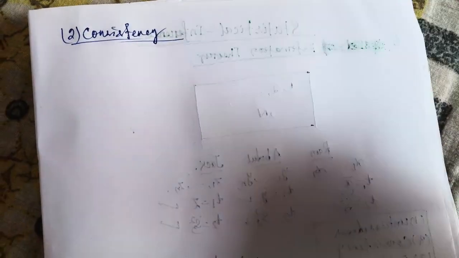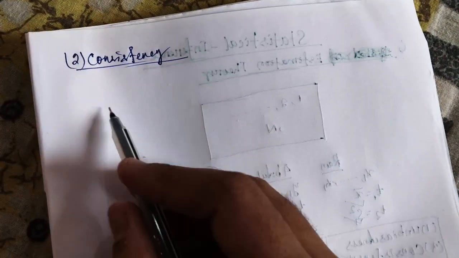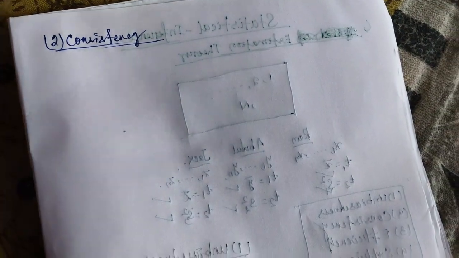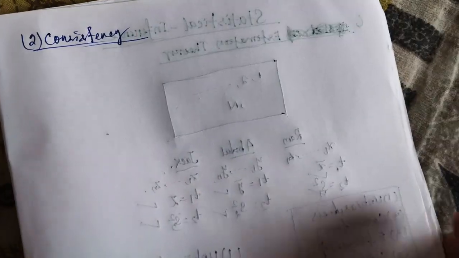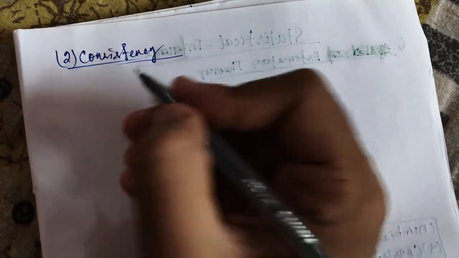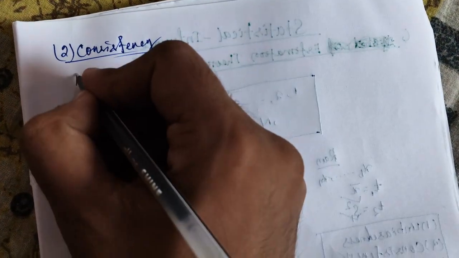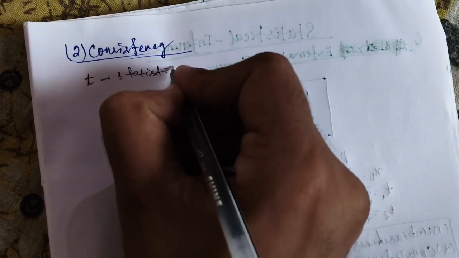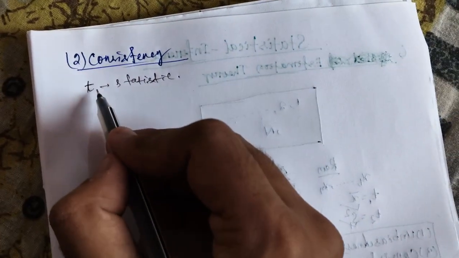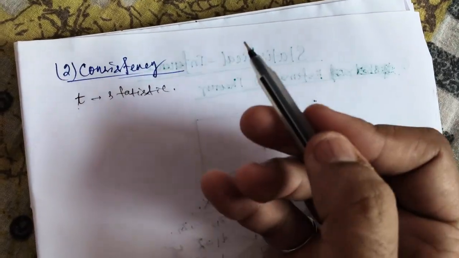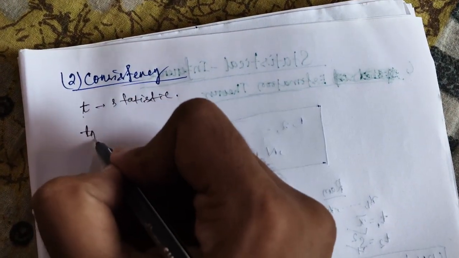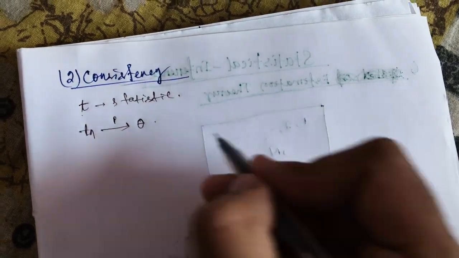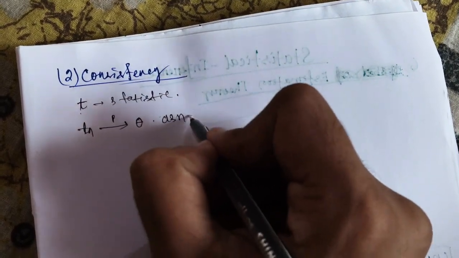Now the second property of estimation theory is consistency. First of all the question comes, what is consistency? We have previously defined, let T be a statistic. We can say T is a consistent estimator if Tn converges in probability to the population parameter theta as n tends to infinity.